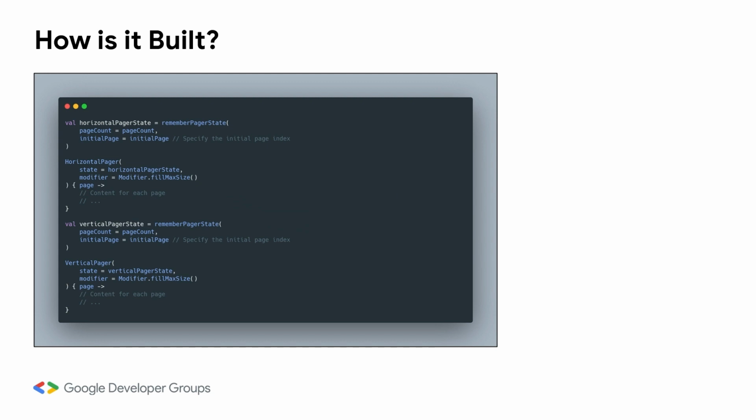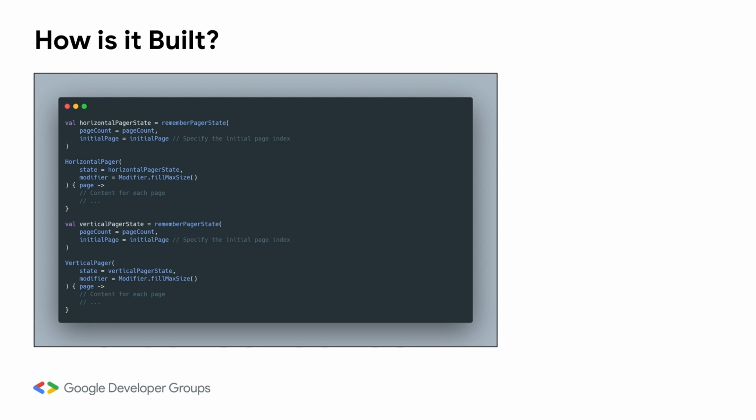First, let's understand how we build a pager. For a horizontal pager, all it needs is a horizontal pager state, and to that pager state you can provide how many pages you want horizontally. So let's say I want 10 pages horizontally, and where do I want it to start when I open that particular composable, like which index. If I want to start from the 5th index, you should be able to do that.